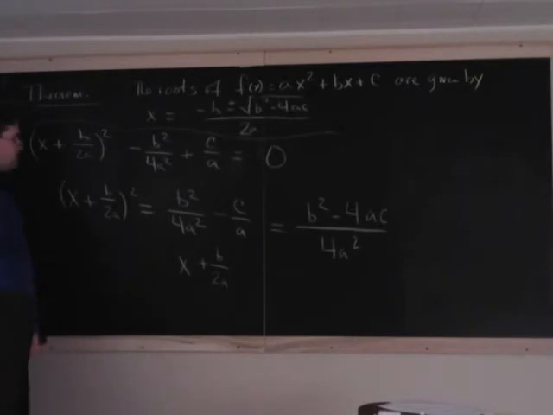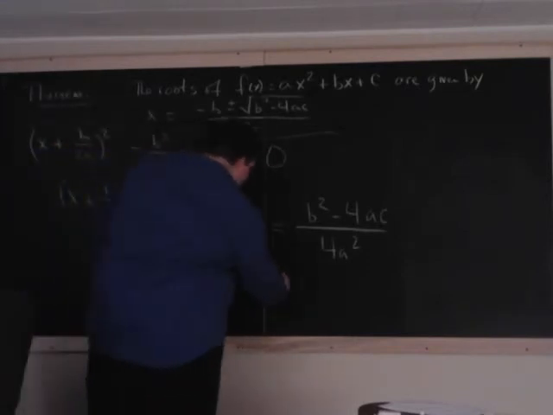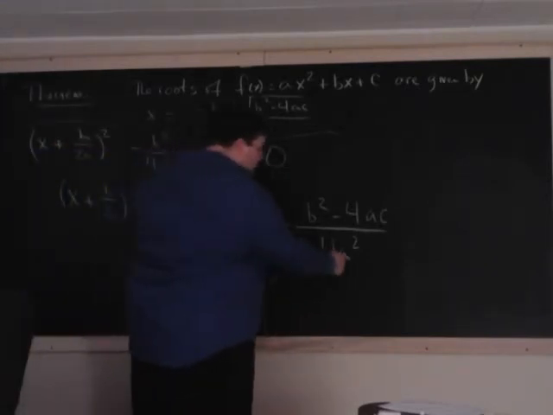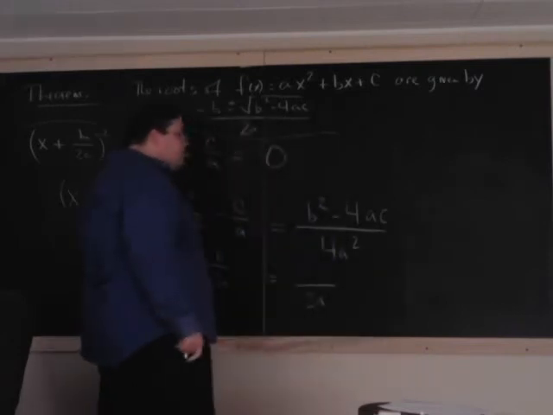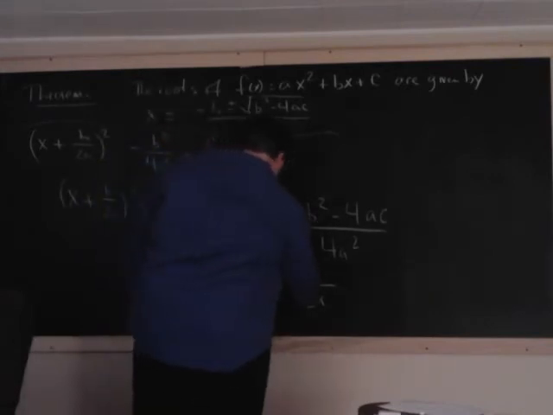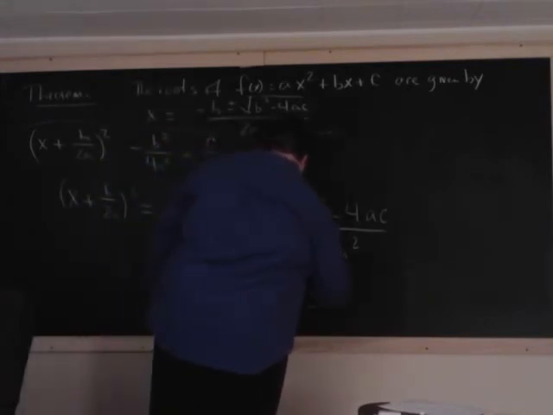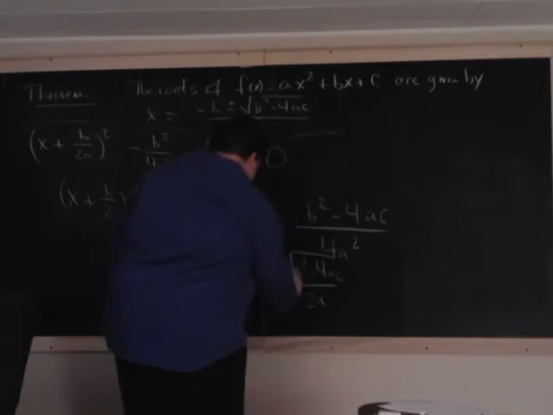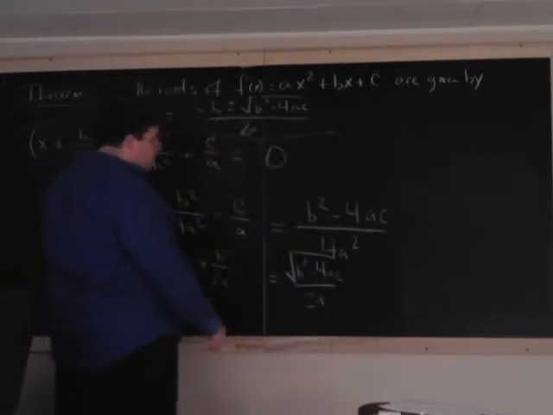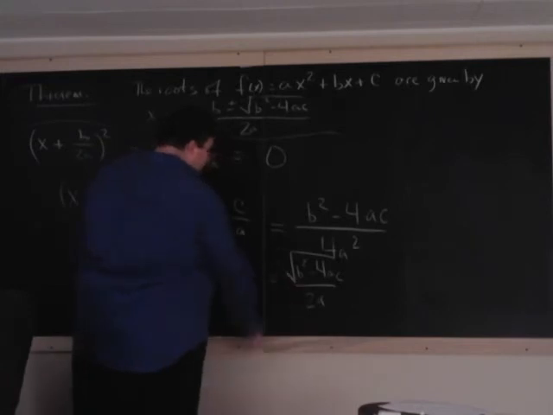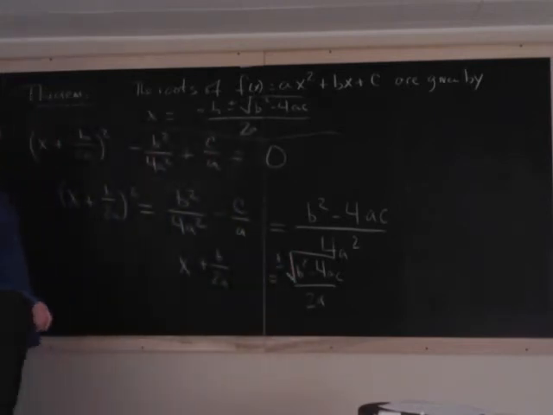Square root on the right side: the bottom simplifies, because that's a perfect square, into a positive and a negative 2a. The top doesn't simplify, so we'll just leave that as the square root. But we have a positive negative on top and a positive negative on the bottom, so we'll just condense that as a positive negative on top.